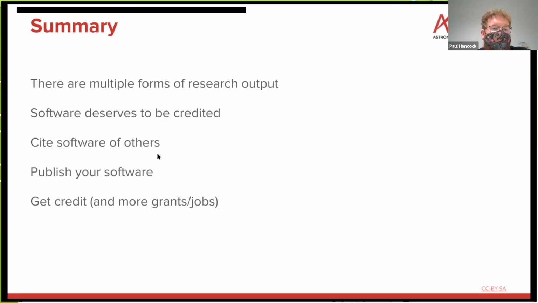And software among them deserves to be credited, just like all the rest of them. So cite the software that you use, publish your software, and hopefully others will be just as generous and give you the credit that you deserve for the hard work that you've put in, allowing you to get those grants or jobs or whatever it is that you're looking for in the future.